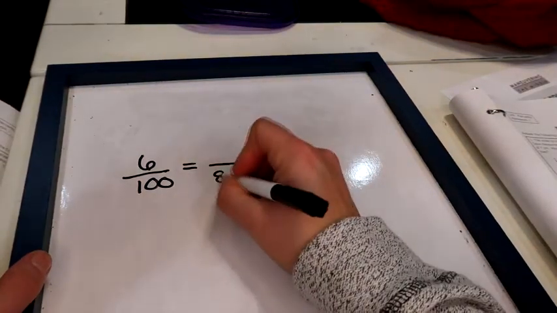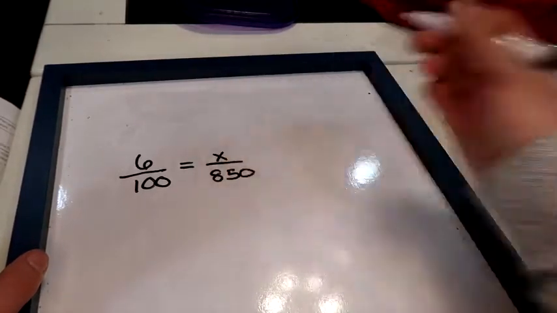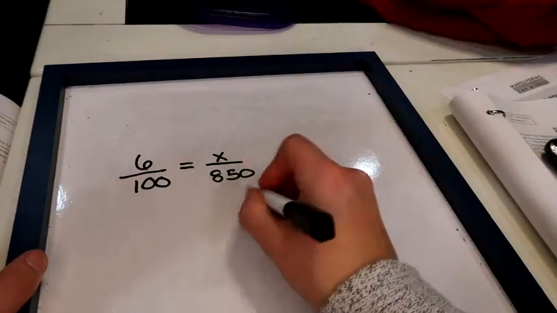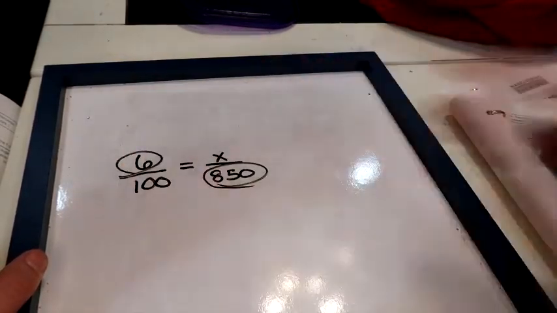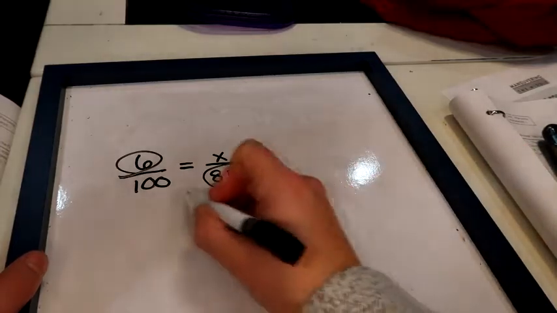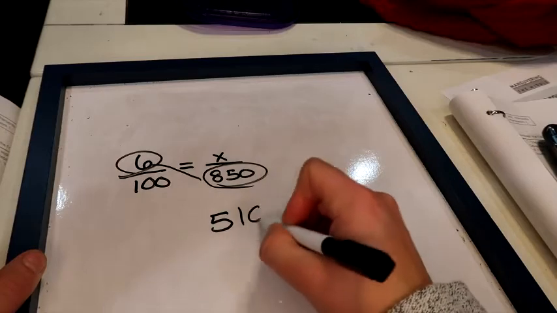If 850 applicants apply, how many students actually get in? So we need to cross multiply to get 850 multiplied by 6. So 850 times 6, I'm just using my calculator to save some time.